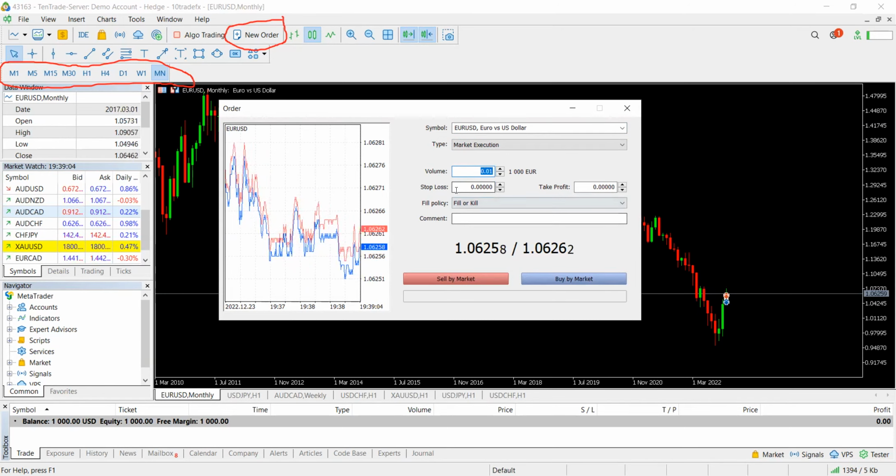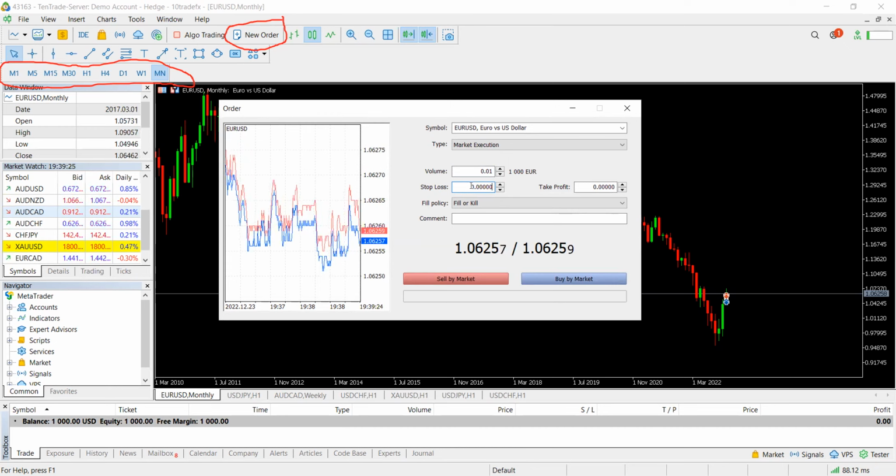All right. So stop loss and take profit, we will talk about that shortly. But stop loss is a price where you want to limit your loss. So if you are taking a trade and that trade is going against you, you want to tell MT5 that if the trade is going against me and price gets to a particular point, I want to be taken out of the market automatically.